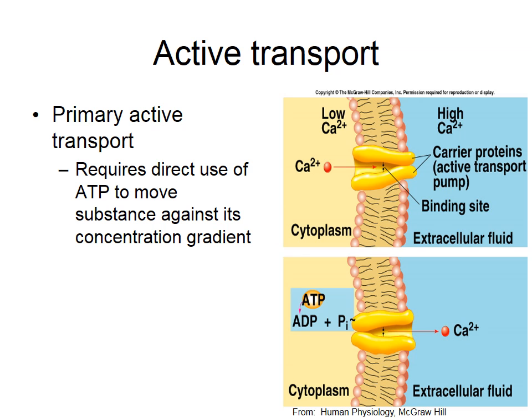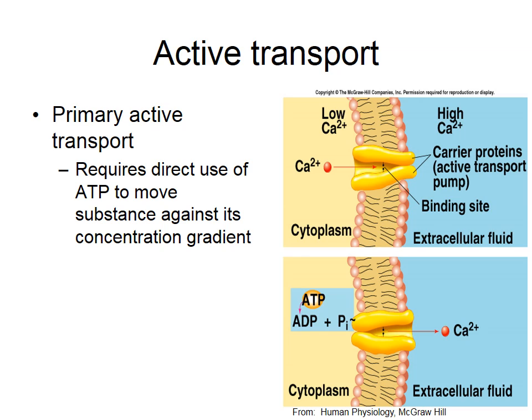Primary active transport is how our cells pump calcium out of them. This is how our cells set up the calcium gradient, where we have low calcium inside, high calcium outside.